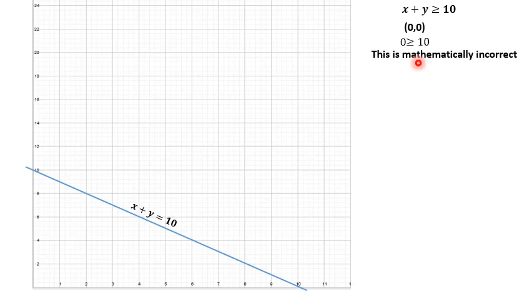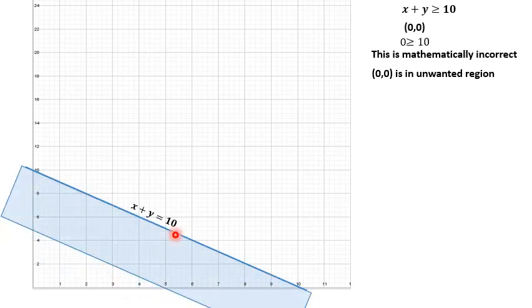So if this is mathematically incorrect, it means that the point chosen is in the unwanted region. So the point (0, 0) is in the unwanted region, which means that the region that will satisfy the inequality is the region above the line, and we shade the region below the line like that. That is the region not satisfying the inequality, and therefore any point above this line will satisfy the inequality of that form.